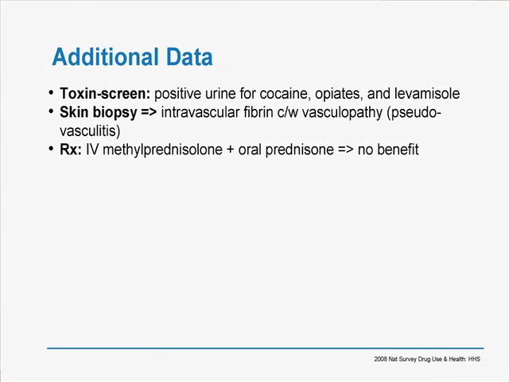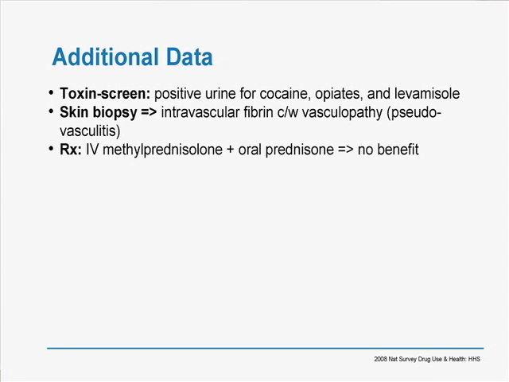So this is someone who's been abusing cocaine, and that cocaine has been laced with levamisole. The skin biopsy, very interestingly, shows fibrin deposition within the vessel, vasculopathy, and this is what we'd call a pseudovasculitis.